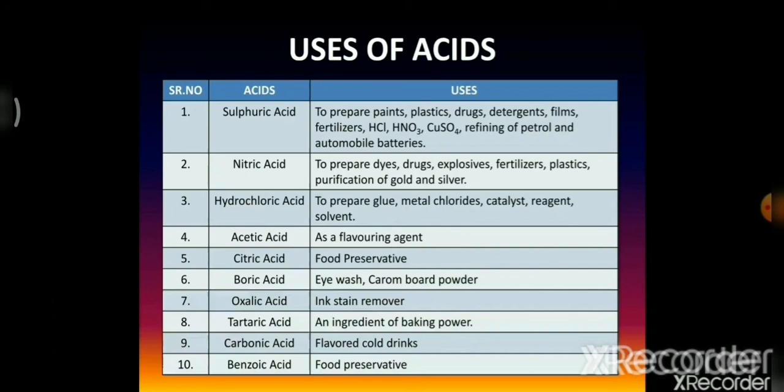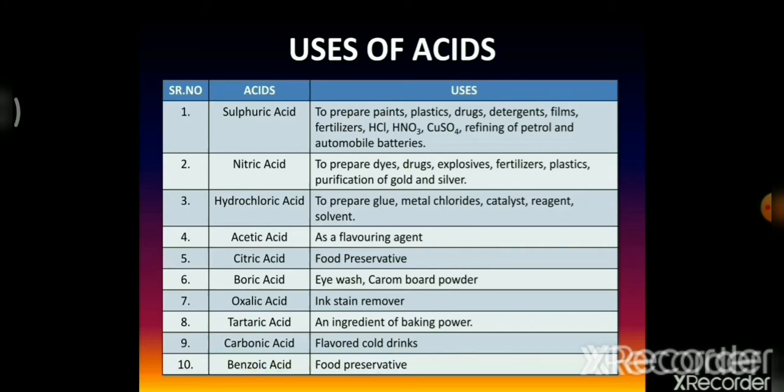Now the powdered form of boric acid is very smooth and slippery to touch. We sprinkle it on a carom board. It reduces the friction, so we can easily strike that wooden disc on the board. It acts as an insecticide as well as it is used to wash the eyes.